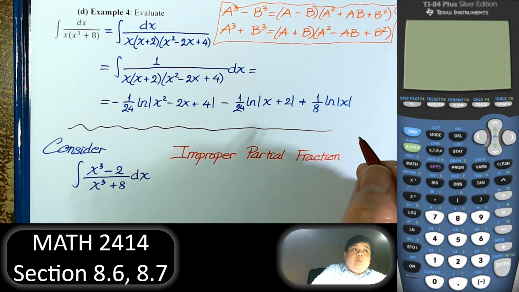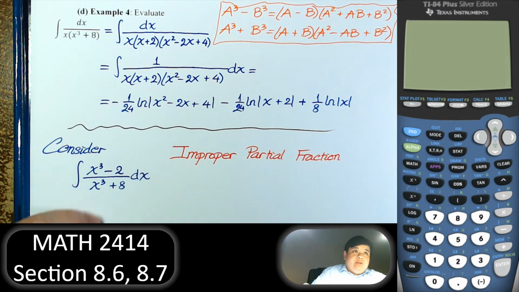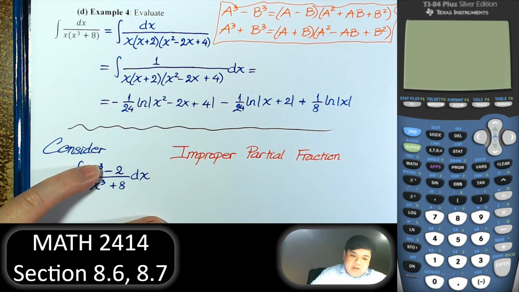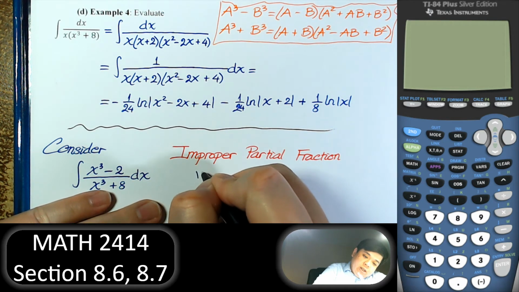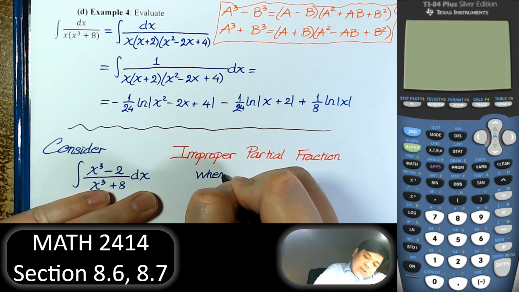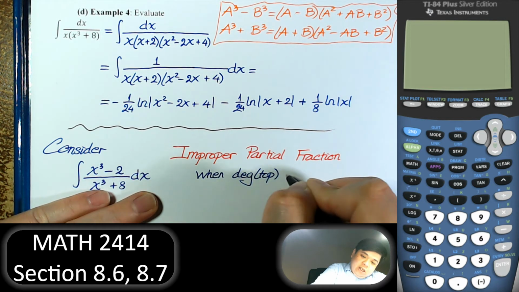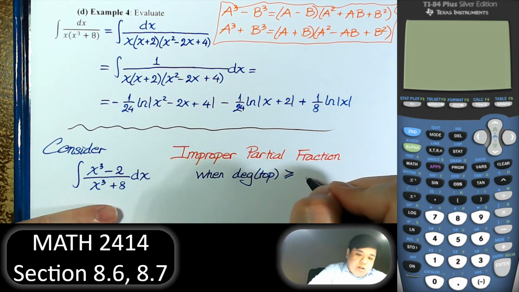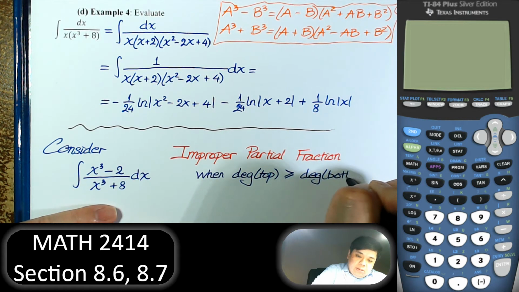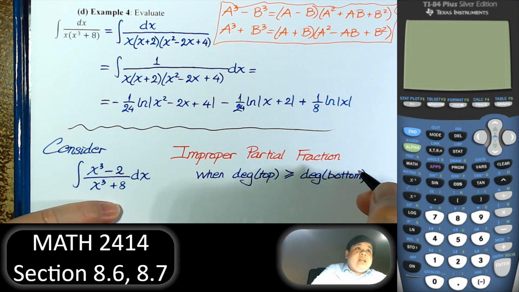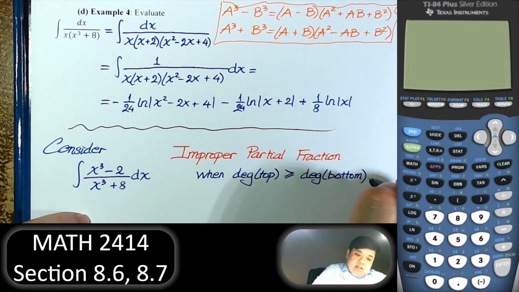In which case what we do is we have to divide. By the way, let's just write first. Improper partial fraction is when the degree on the top is greater than or equal to the degree at the bottom, in which case we need to divide them first.